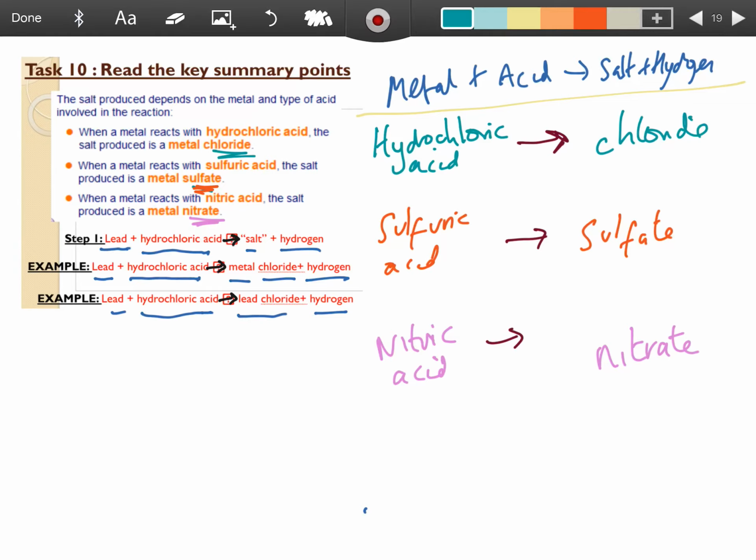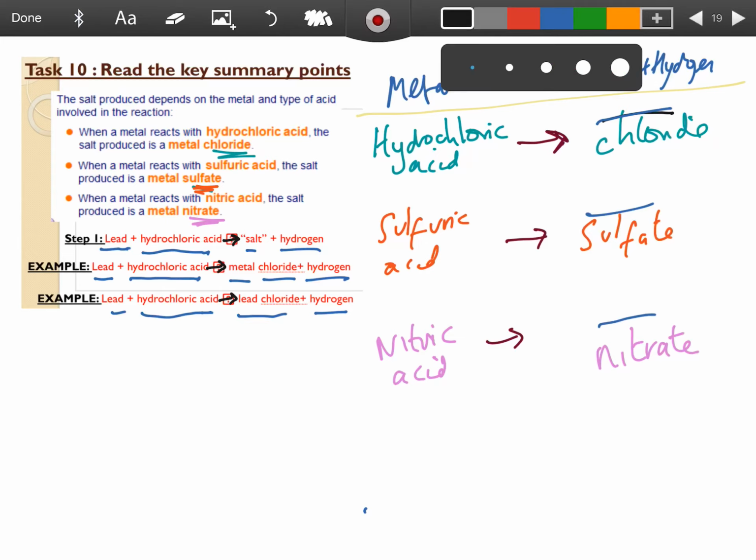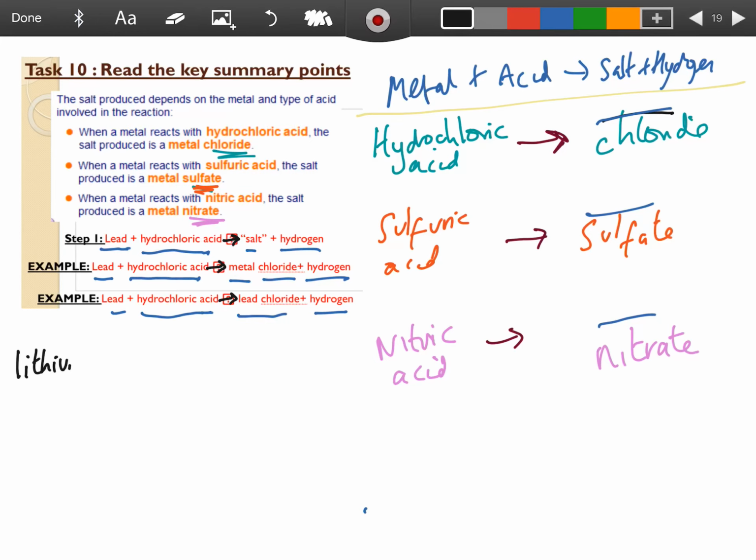Okay? But what is missing is you still need to put the first word of the metal that you used first. So let's try this out now, okay? We're going to try this out. So I might say to you, for example, lithium. Lithium is a metal. So I've got my metal.